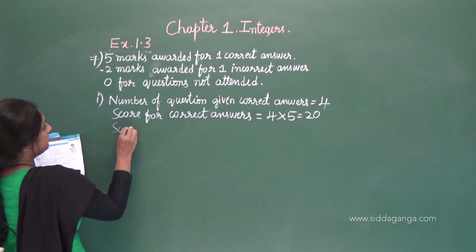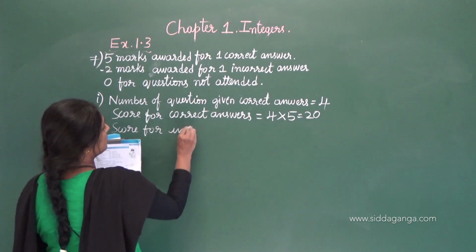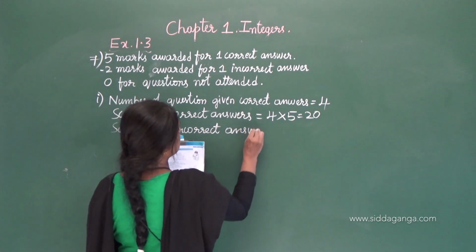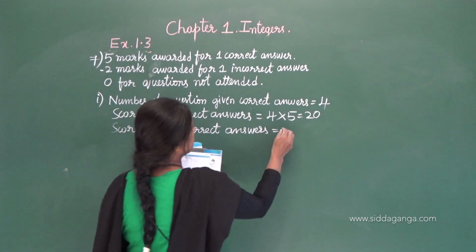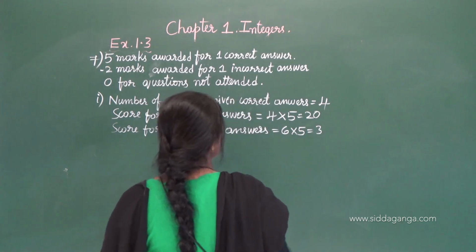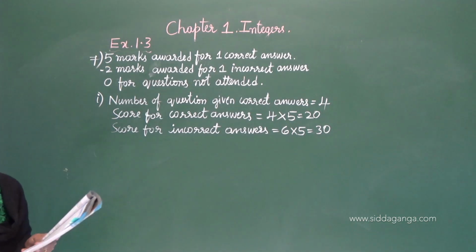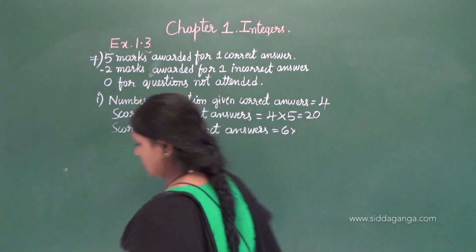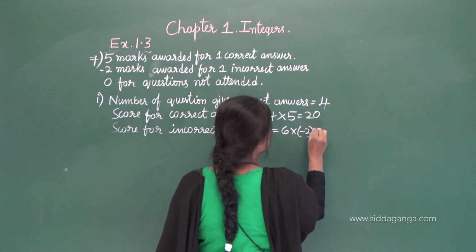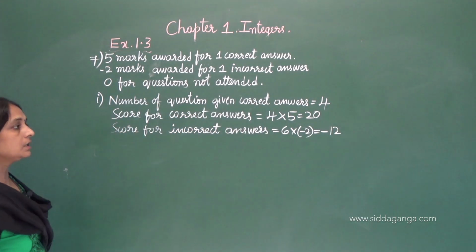Score for incorrect answers is equal to 6 into minus 2, that is minus 2. 6 2s are 12, plus into minus is minus. He scored minus 12 for incorrect answers.